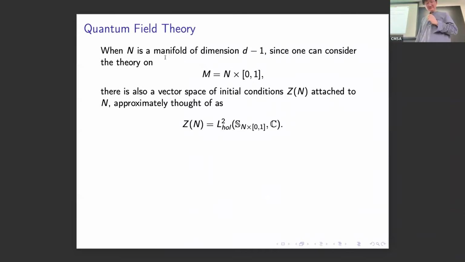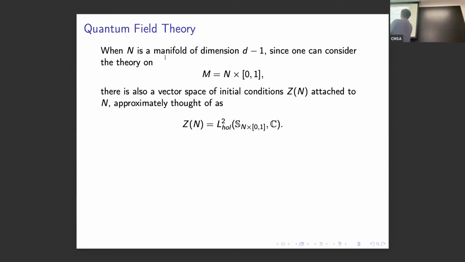Another thing you can do with this field theory is take a manifold of one lower dimension, N, and consider the theory on a product manifold like X cross N cross an interval. There you can formulate a vector space of initial conditions with the Euler-Lagrange equation on N. In other words, you can associate a vector space to this lower dimensional space.